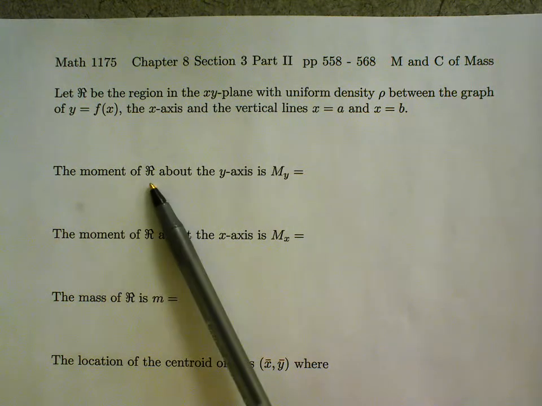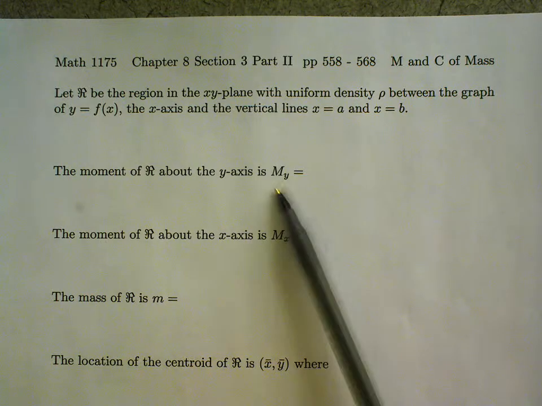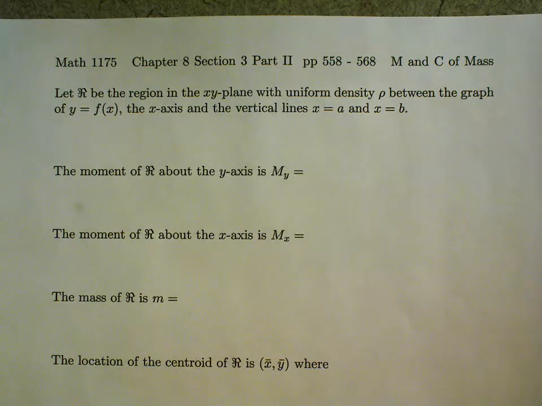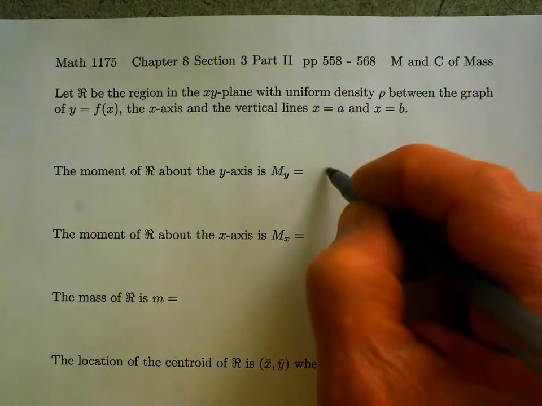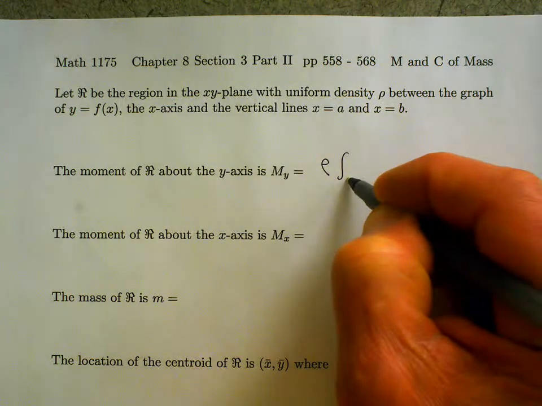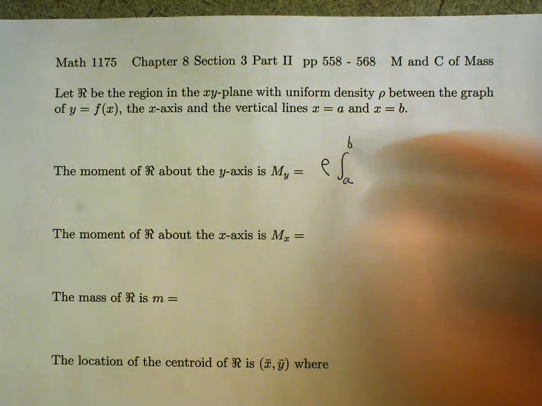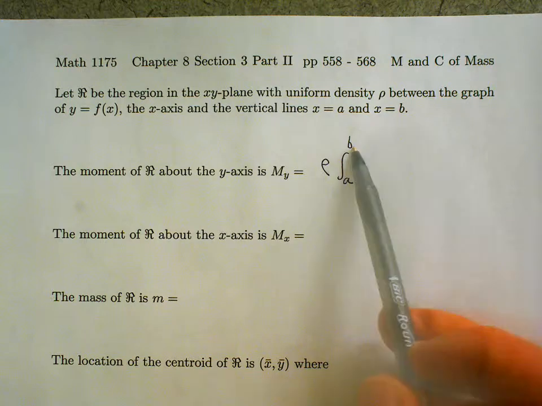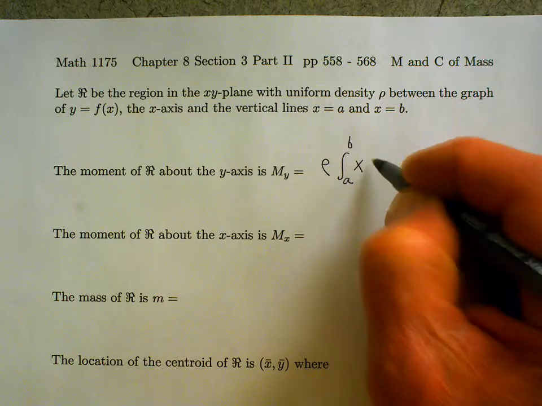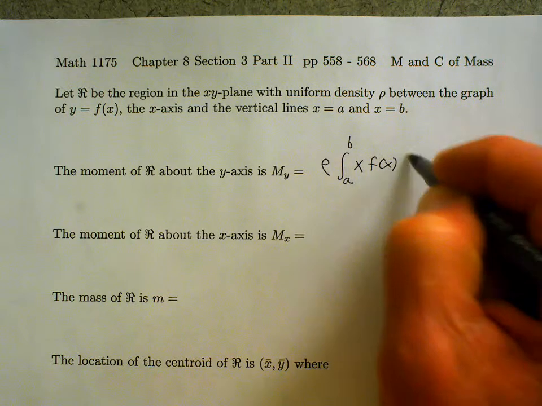The moment of the region R about the y-axis is denoted by capital M sub y. Here we get a chance to see if we can remember those formulas. This is rho times the definite integral, lower limit x equals a, upper limit x equals b, and the integrand is x times f of x dx.